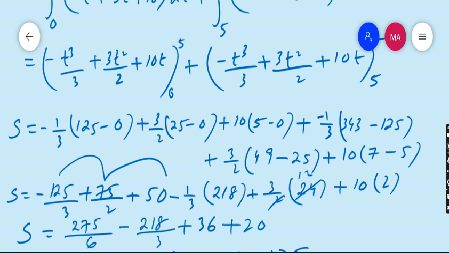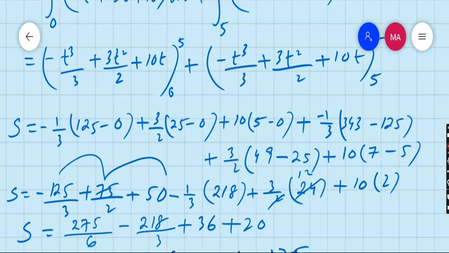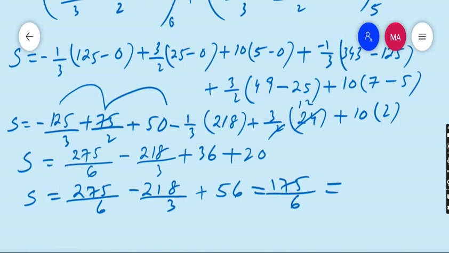So 343 minus 125 is... 275 upon 6 is good, no mistake.